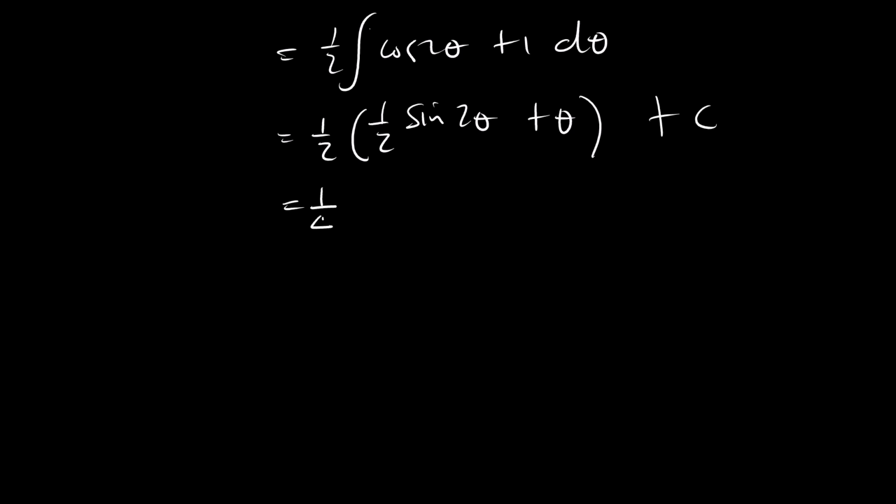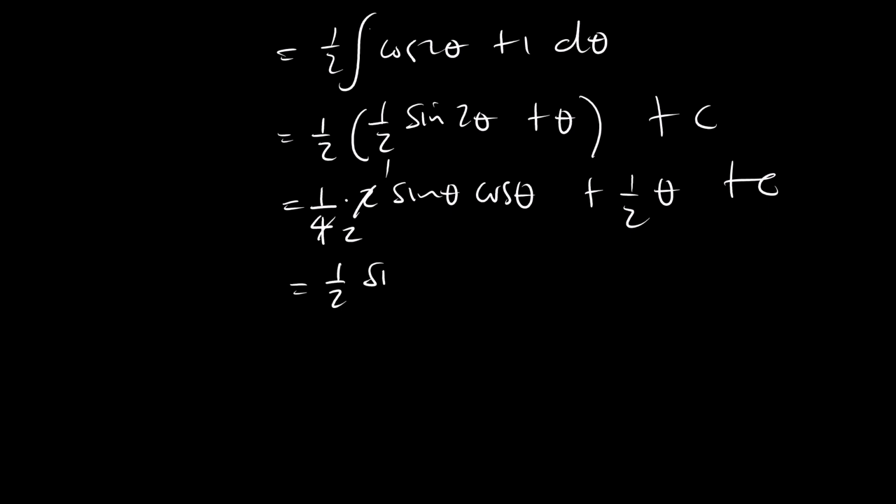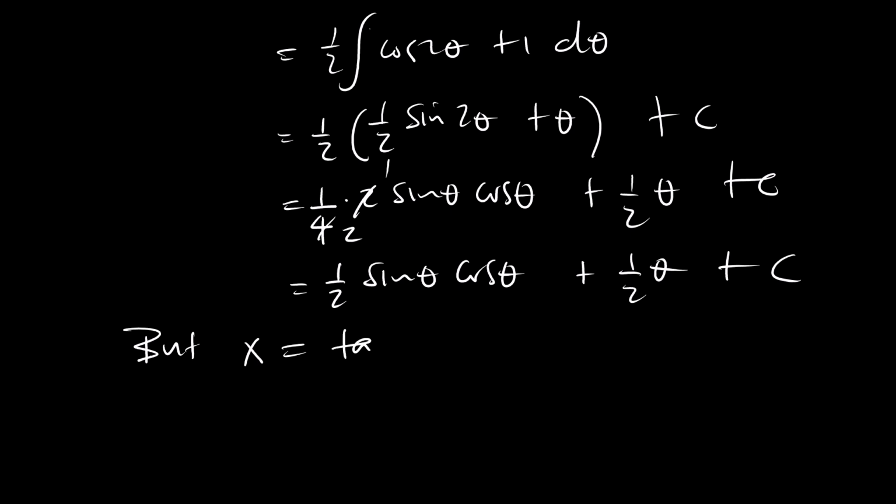So this is a quarter sine 2 theta, which is the same as twice sine theta cosine theta, plus a half theta plus c. This goes twice, so we have a half sine theta cosine theta plus a half theta plus the integration constant. But we said that x equals tangent of theta.